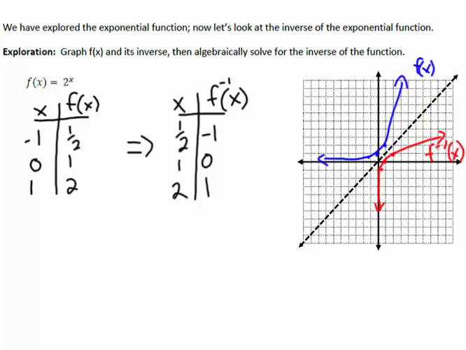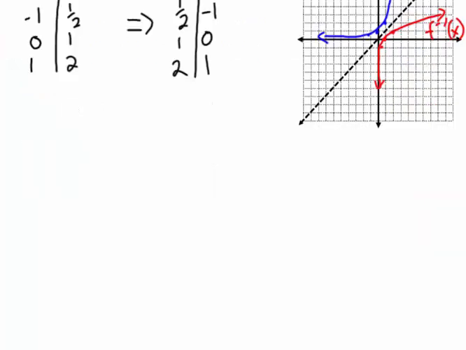Now we could also solve the inverse algebraically. And remember, to solve this algebraically, we take our original function, f of x equals 2 to the x, make it y equals 2 to the x, switch the x and y around, and then try and solve for y.